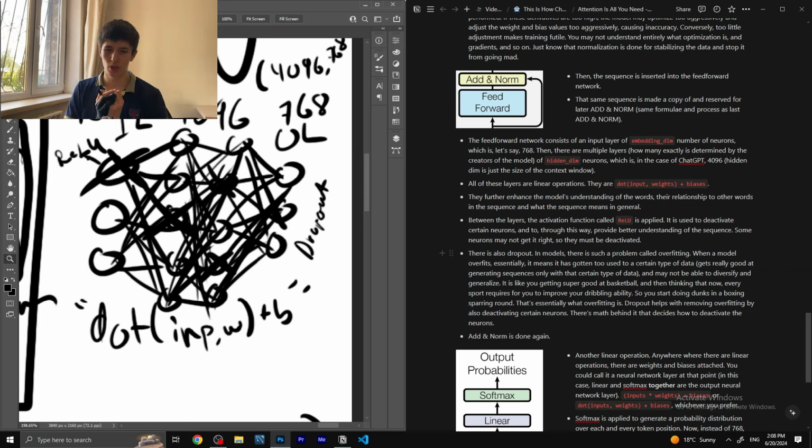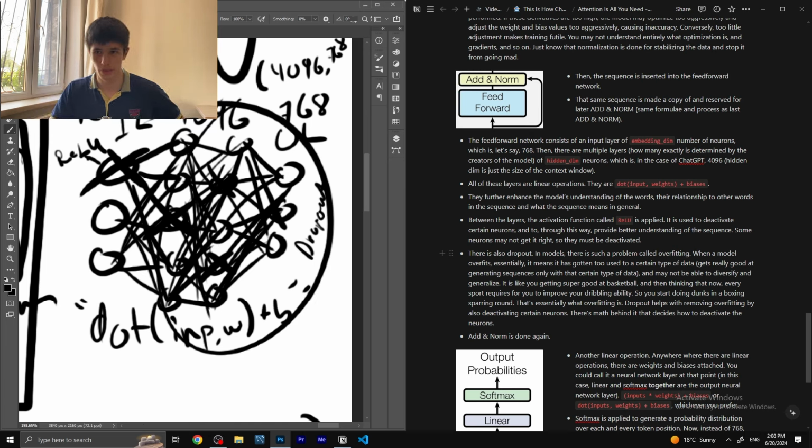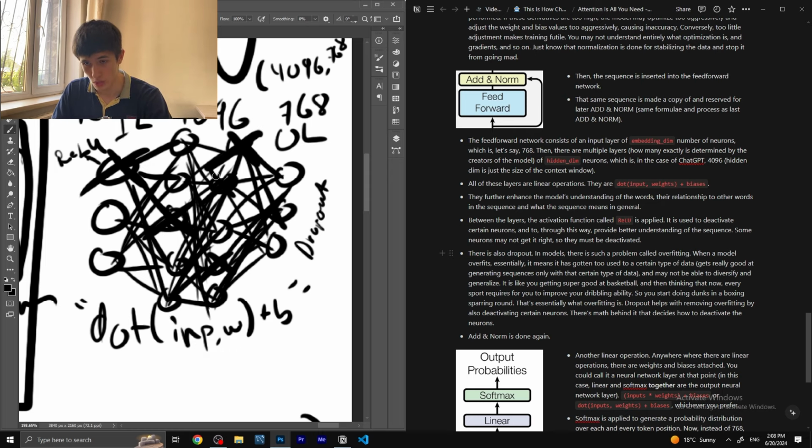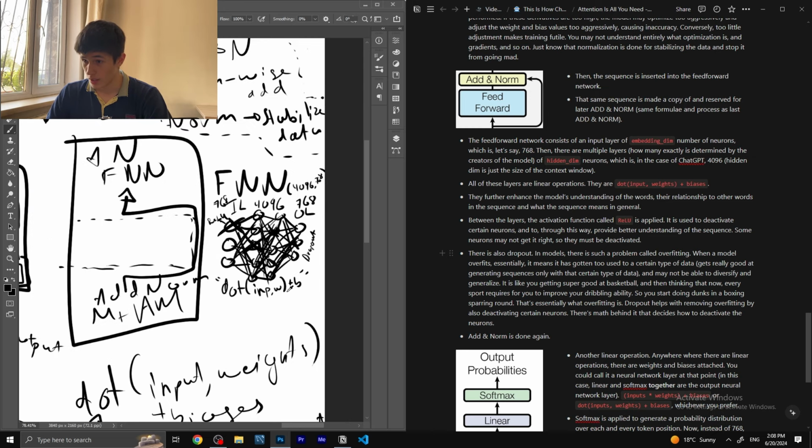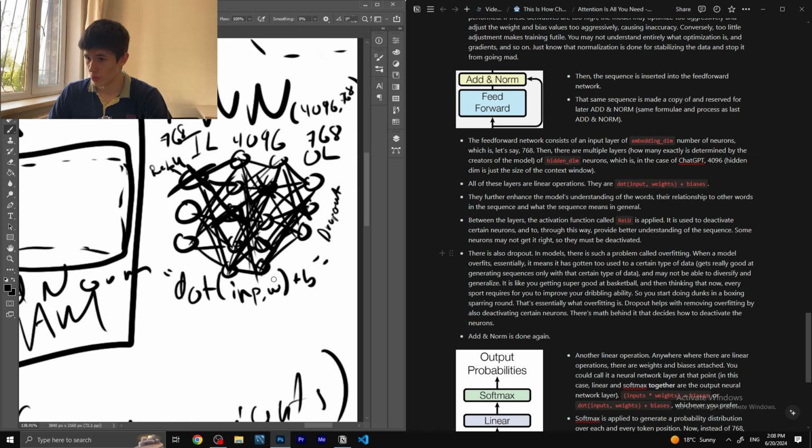It's essentially making you diversify. And dropout only happens during training. During usage, you want to use all your neurons. You want to use your brain for good. But during training, sometimes you just stop thinking so much, right? That's essentially what occurs. And that's the feed-forward neural network for you.